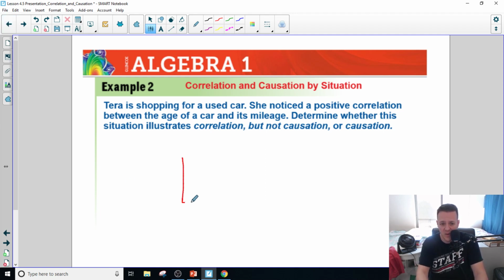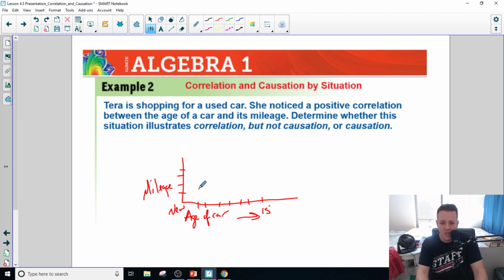What she means by that is usually the age of the car would be down here, because you can't help that. Age of car. So what she's noticing is the car gets older. This is a new car over here, and the age would be going this way, right? So if you have a car that's 15 years old, what she's noticing is the mileage of the car, and you have to draw a picture kind of.